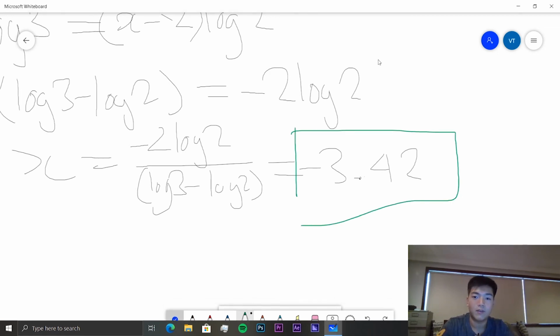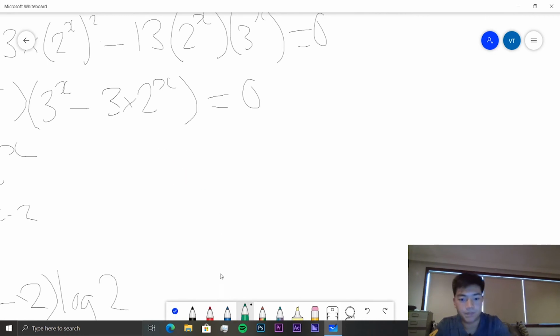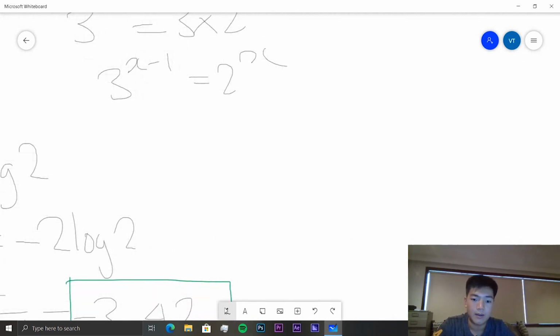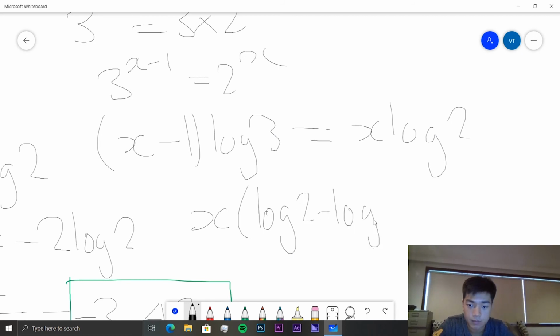And so of course now we have to evaluate the other side, which is this. So we have 3 to the x is equal to 3 times 2 to the x. So 3 to the x minus 1 is equal to 2 to the x. So we have (x minus 1) log 3 is equal to x log 2. So we have x times (log 2 minus log 3) is equal to negative log 3.